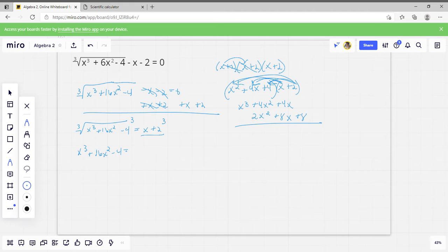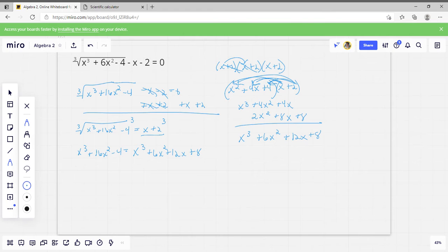Now I've got to add these up. X to the third plus 4, 5, 6 x squared plus 12x plus 8. Okay, so x to the third plus 6x squared plus 12x plus 8.